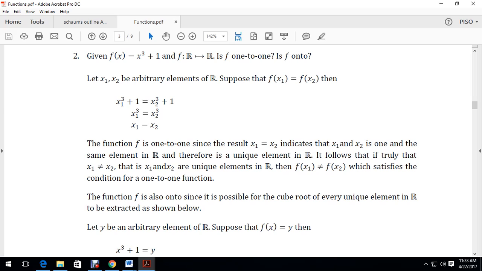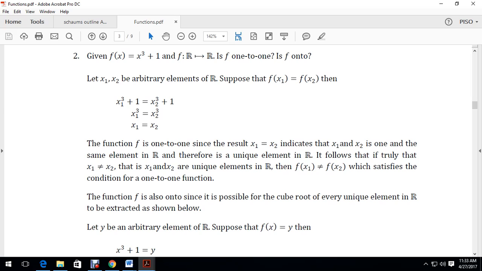Now, if we cancel out 1 from both sides of the equation, then we can conclude that x sub 1 cubed is equal to x sub 2 cubed, and x sub 1 is equal to x sub 2 if we take the cube root of both sides of the equal sign.